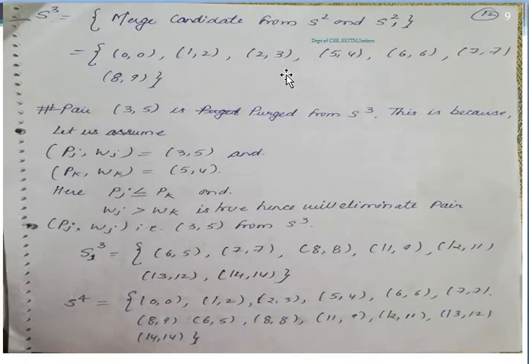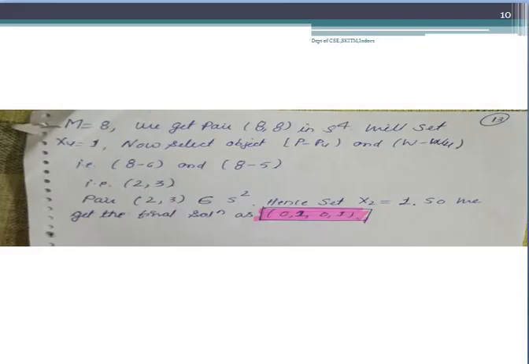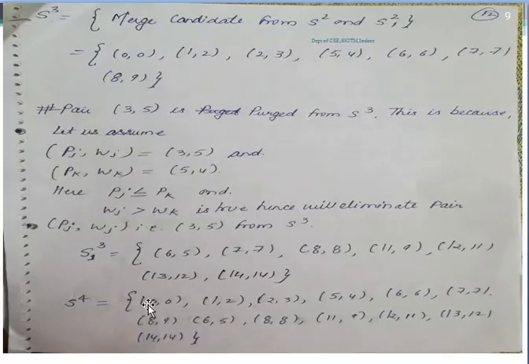So here also, if we look, the weight increases, profit increases, weight increases, profit increases, and so on. Here this value 6 comma 5 needs to be eliminated, because the weight decreases and the profit also decreases, so that is violating the rule.